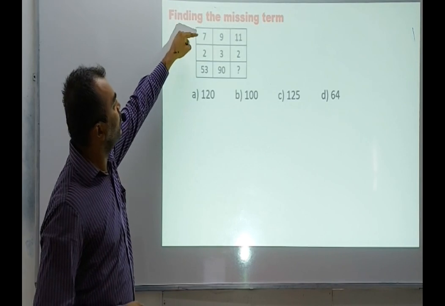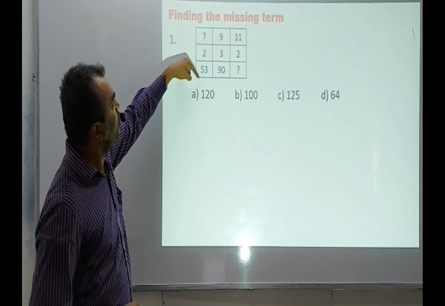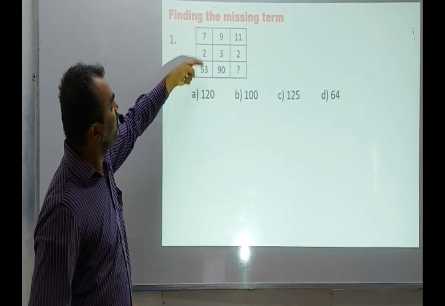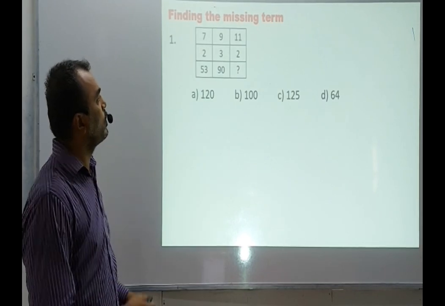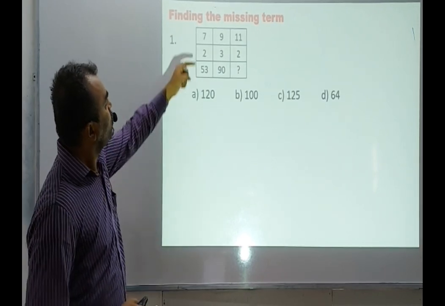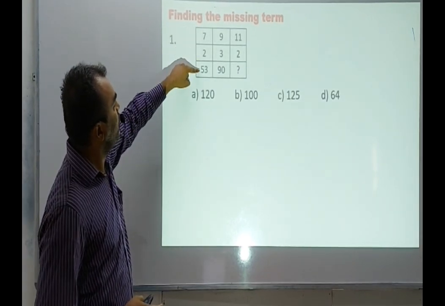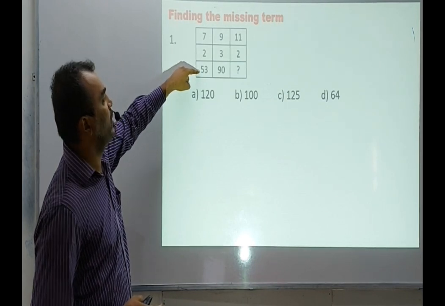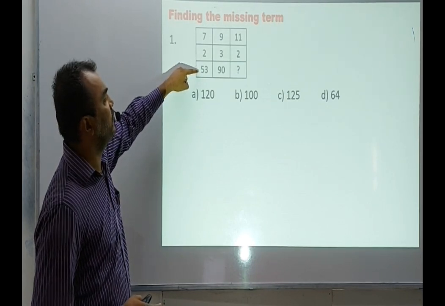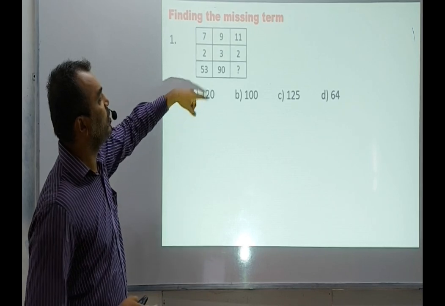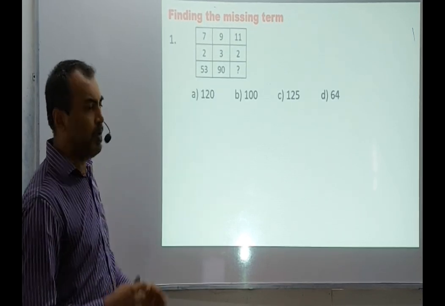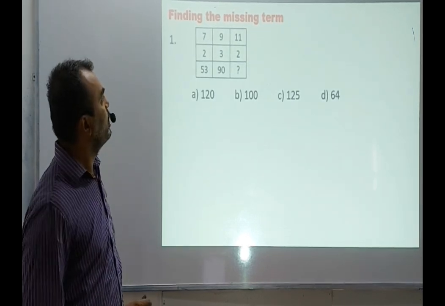So, here I was telling about these 2 numbers being smaller. Now, what pattern fits here? The same should fit for the whole block. We have 7 plus 2 is 9, and this is not a multiple of 9. You can see 9 sixes are 54, so it's not a multiple of 9, but this is a multiple of 9. Various thoughts come to mind.